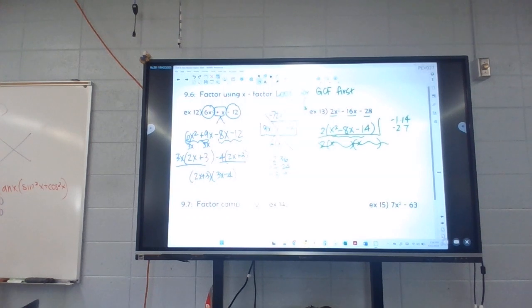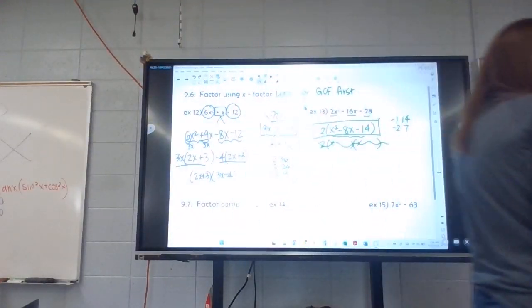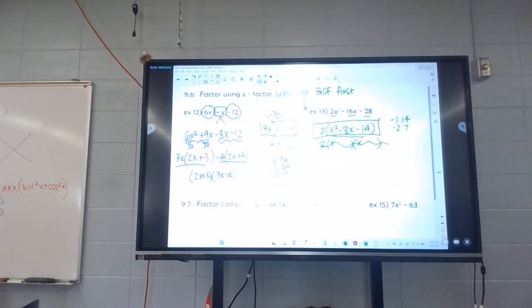So this is as factored as it gets. So if you cannot find something that multiplies to give you one and adds to give you the other, you can just say that I had to stop there. That's it. I'm not going to give you guys many problems that do that. Most likely everything on your test should be factorable.